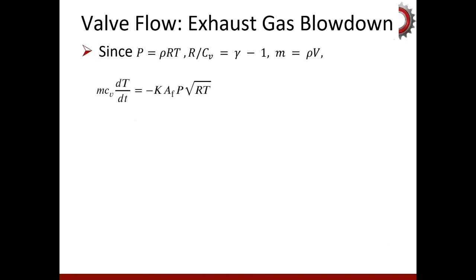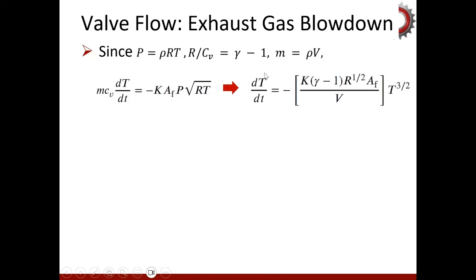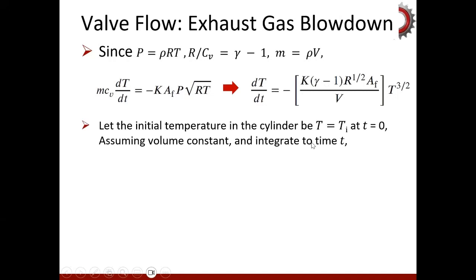With a little bit of simplification, considering the relationships of an ideal gas, we could get a relationship for dT over dt, that is, the rate of change of temperature as a function of some parameters, as you can see here. Further simplification or integration of this equation with certain initial conditions gives us the time required to expel gases.